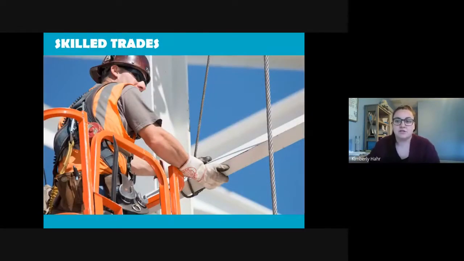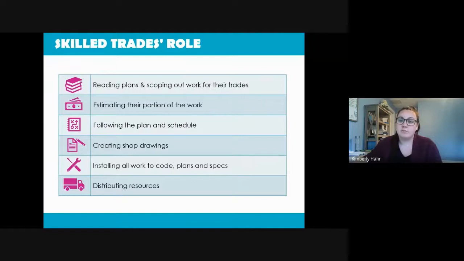As just mentioned, the skilled trades, referred to as the subcontractors, are the men and women who perform the work necessary to physically build the building. Some responsibilities of skilled trade workers can include reading plans and scoping out work for their specific trade, estimating their portion of the work, following the plans and schedule, creating shop drawings, installing all the work according to the codes, plans, and specifications, and distributing resources.